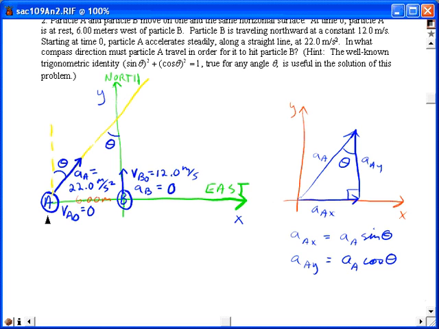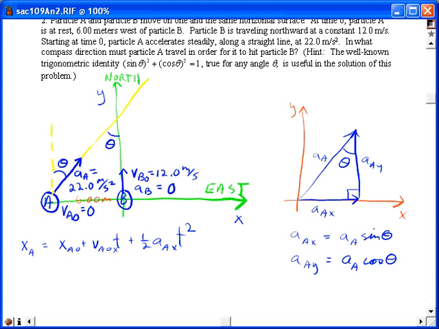Now I think I'm ready to write down the positions of each of these particles as a function of time. I'll start with the x position of particle A. It'll be x_A initial plus its initial velocity times t plus 1/2 a_Ax, the x component, times t squared.